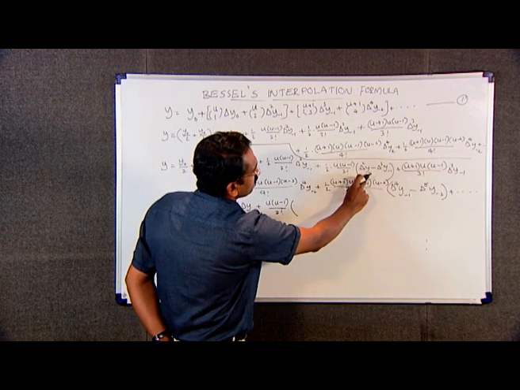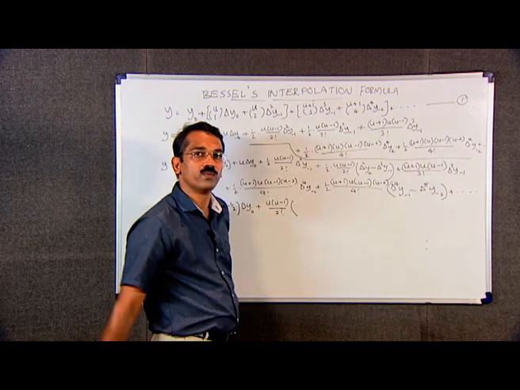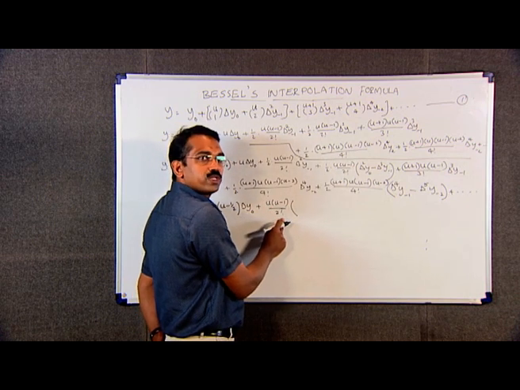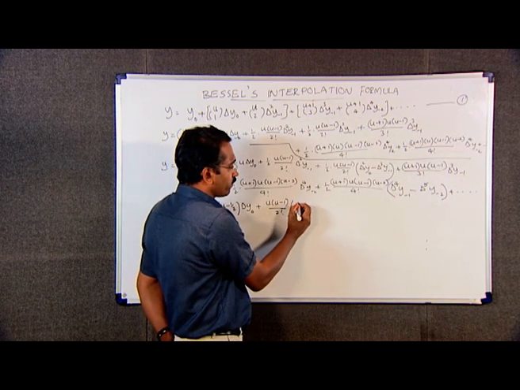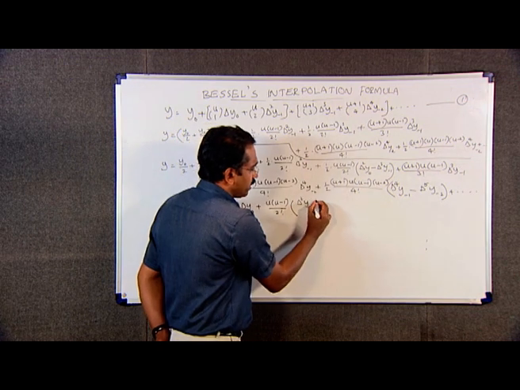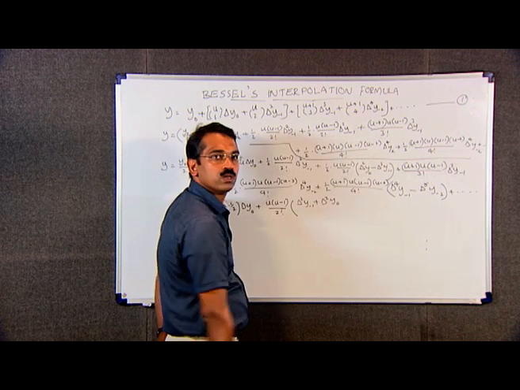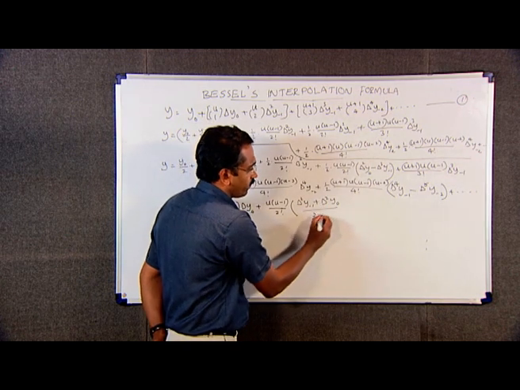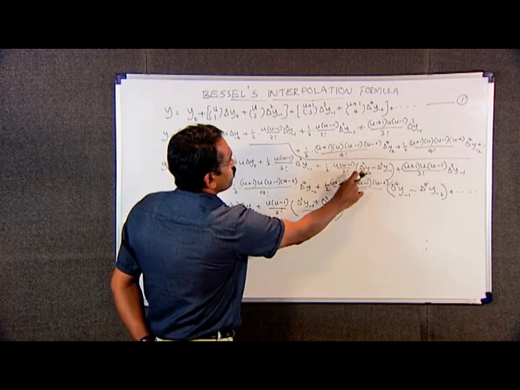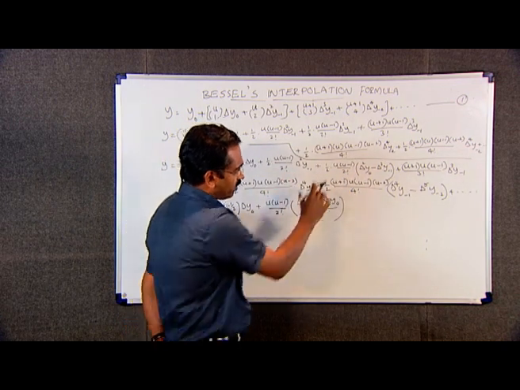In this, delta square y naught divided by 2. Therefore, u into u minus 1 divided by 2 factorial into delta square y minus 1 plus delta square y naught all divided by 2. We combined these two terms.